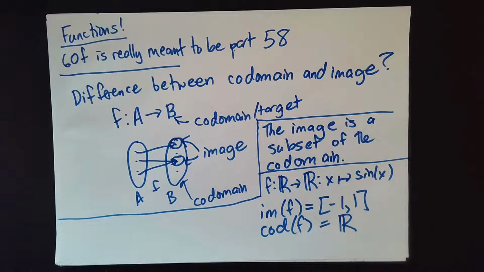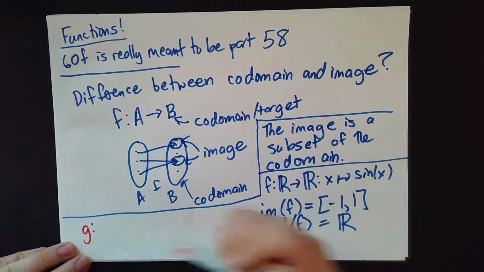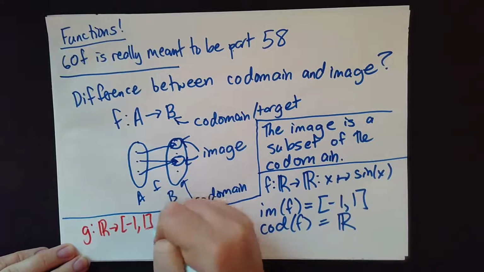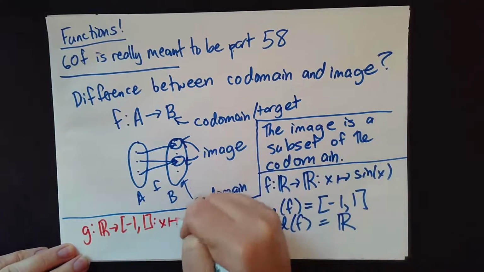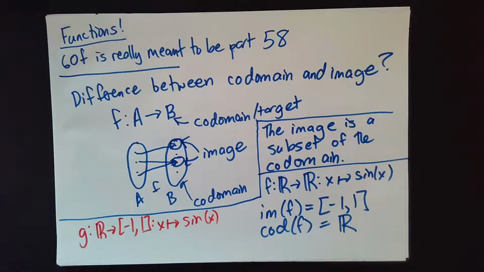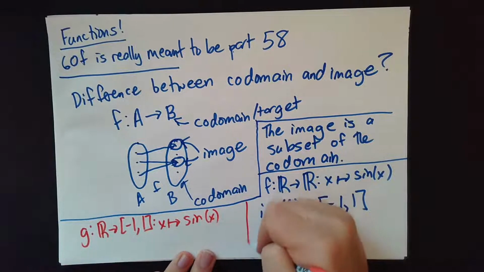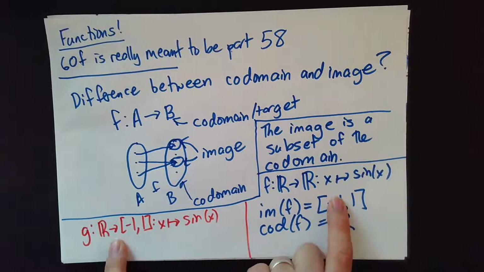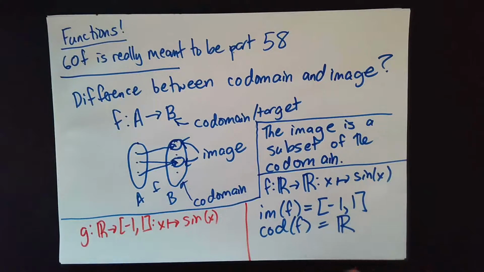The question from the chat is, why wouldn't we just write this as g going from R to [-1, 1] that takes x to sine of x? There is no particular reason why you would prefer this to this. They're both perfectly acceptable functions.